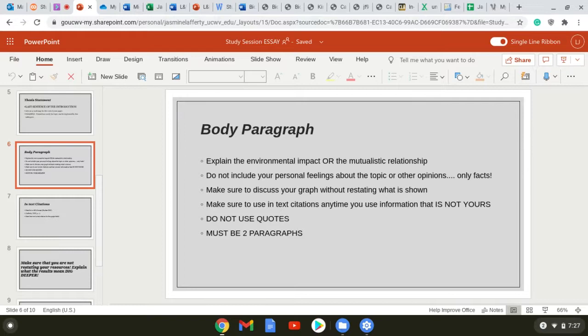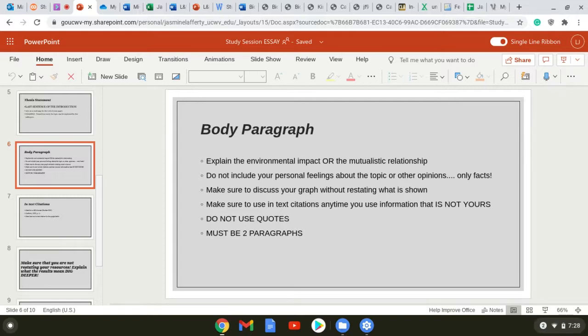So in this body paragraph, you should not include your personal feelings about the topic or about other opinions. I mainly put this in here for climate change. Even if you do not believe that climate change is real or have differing political beliefs, that cannot be in this paper. This has to be an unbiased paper. This has to be off of the sources you found about your certain topic, okay?